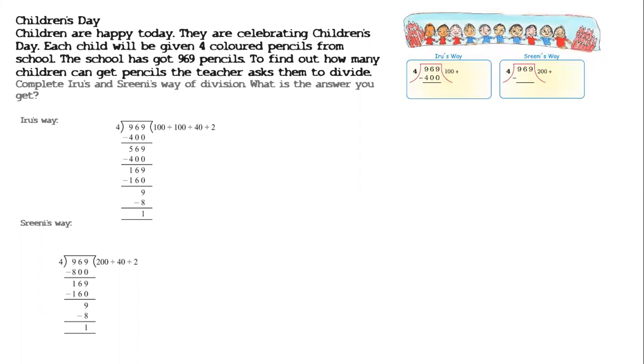100, 400, 569, again 100, 400, 169, 100 plus 100, then 169, 4 times 40 is 160, so I can go for that. 9, 4 twos are 8, 1 pencil will be left, no problem.